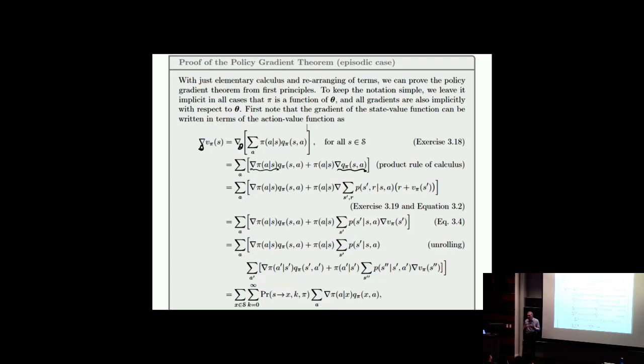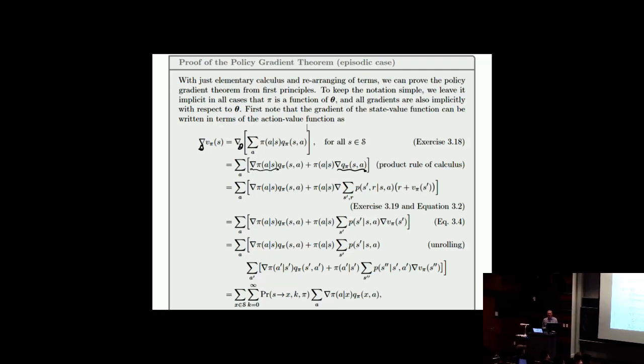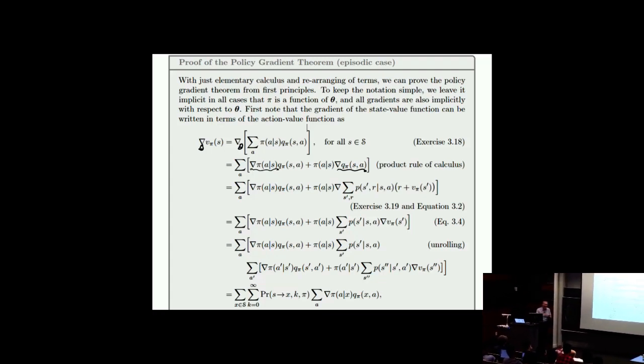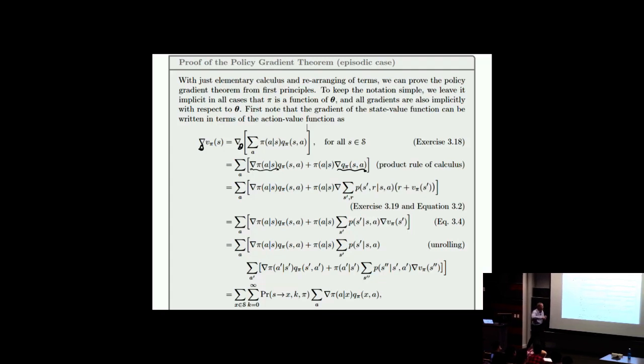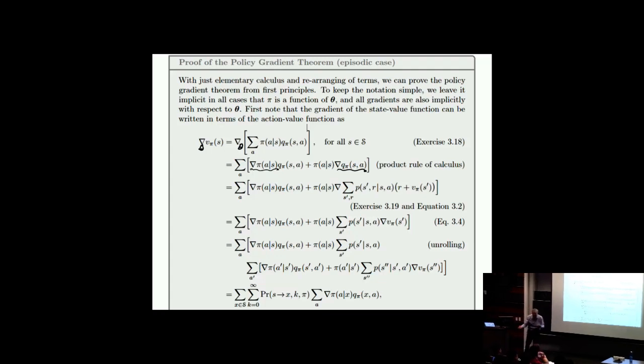Okay, so again, intuitively, all these things should make sense to you. And this is really an exercise in flipping back and forth between our definition of v as the expected sum of future rewards, and q as our definition of the expected value of future reward if we take action A in state S, and v as a definition of the expected future discounted reward if we start in S and follow policy pi.